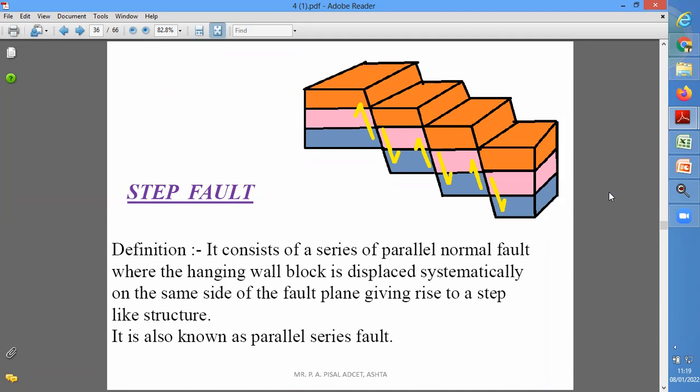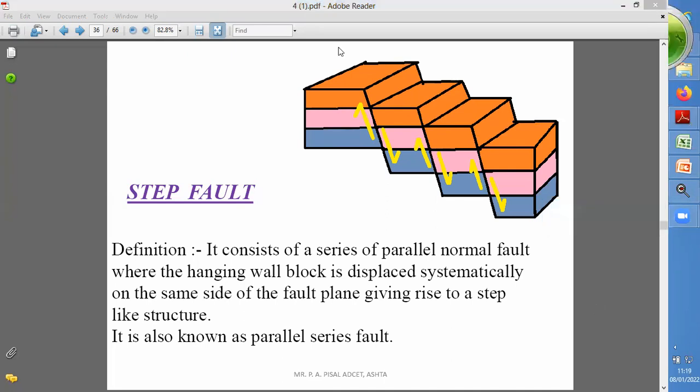When you look at the definition of the step fault, it consists of a series of parallel normal faults. How they are normal faults, I will show you.